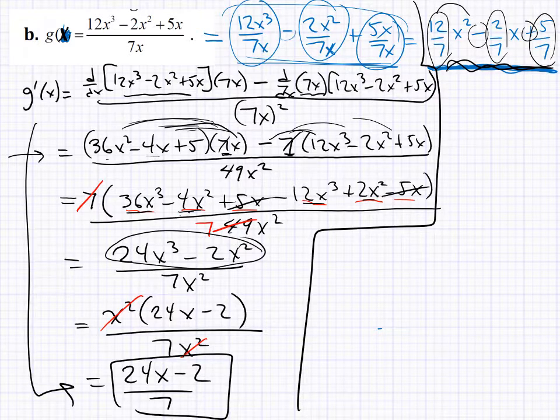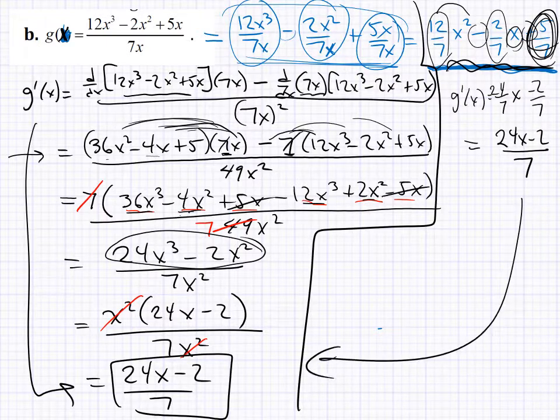The 2 will come out to the front, and my derivative would be 24 over 7x. This one, the derivative of x is 1, so minus 2/7. And this derivative is 0, so it's gone. So if you look at what you have, 24 over 7x minus 2 over 7. We'll put that together, 24x minus 2 all over the common 7 denominator, and you get the same thing.